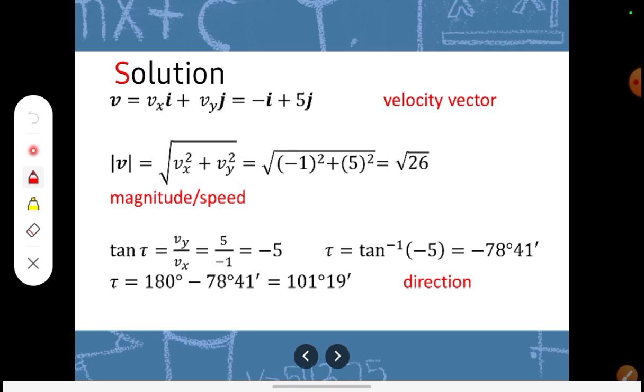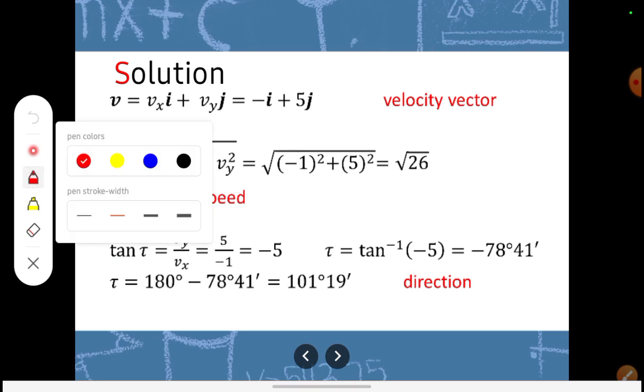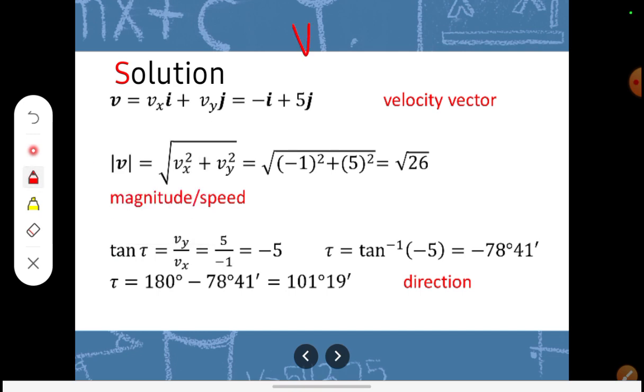So we substitute v sub x, which is equal to negative 1, and v sub y equal to 5. Therefore, we obtain negative i plus 5j as our velocity vector.